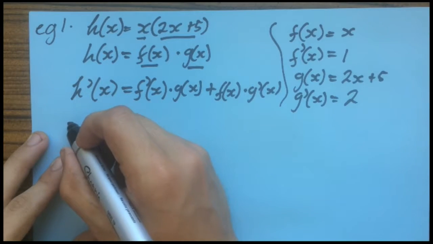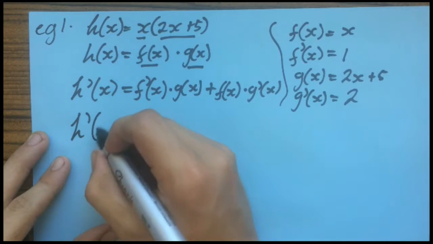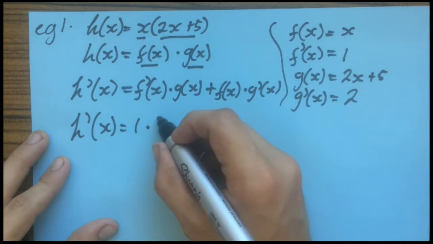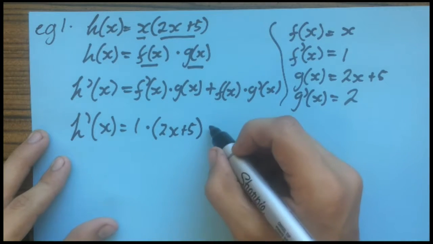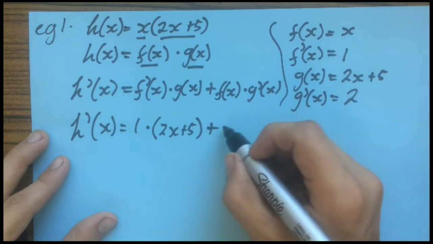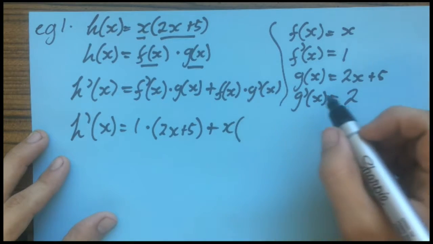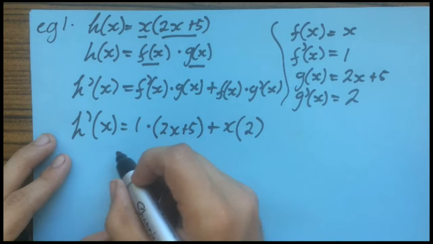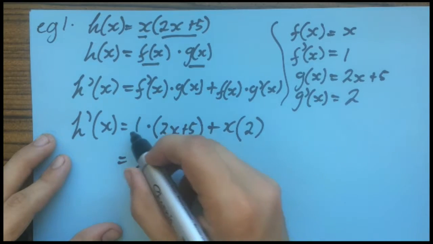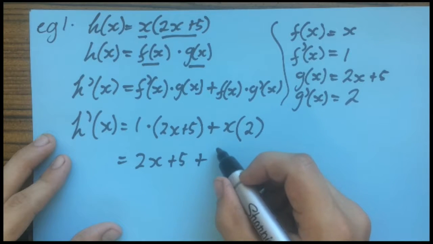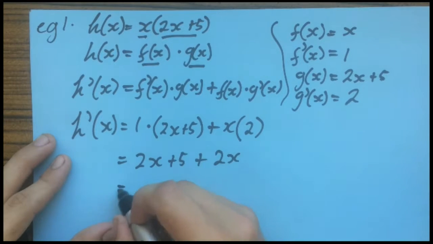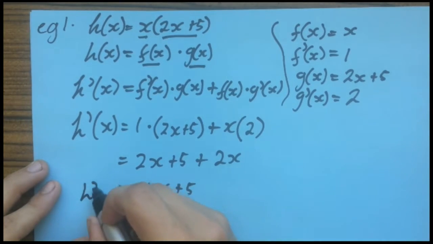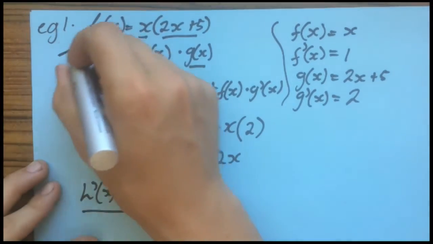So if we fill this in, f dash of x is 1. It's 1 multiplied by g of x, which is 2x plus 5. Then we add f of x, which is just x, multiplied by g dash of x, which is the derivative of g of x, which is just 2. So to simplify this further, multiply the 1 in, and multiply the 2 by the x. We can simplify it again. Right, 4x plus 5. So that is the first derivative of this up here.